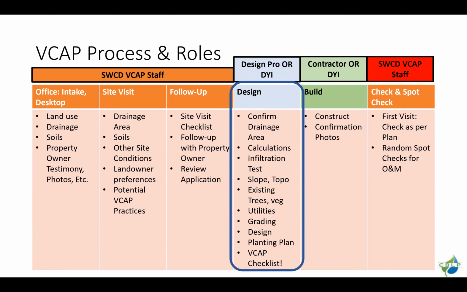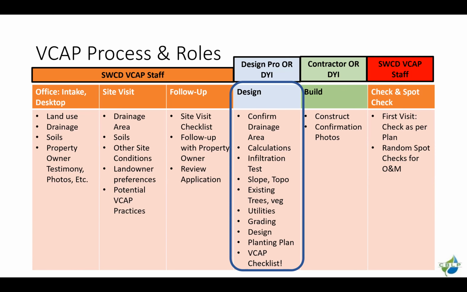Yeah, it is a little bit of a blurry line. I think there are certainly districts I've seen that have contractors and designers that are very familiar with calculations and confirming drainage areas and the nuance of installing a BMP to meet DEQ's water quality standards.